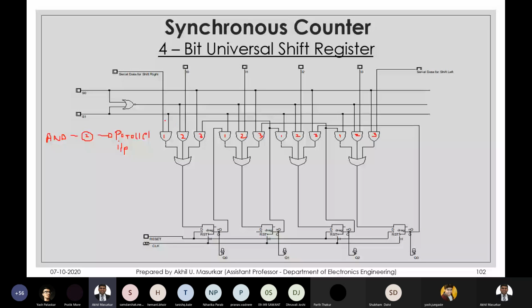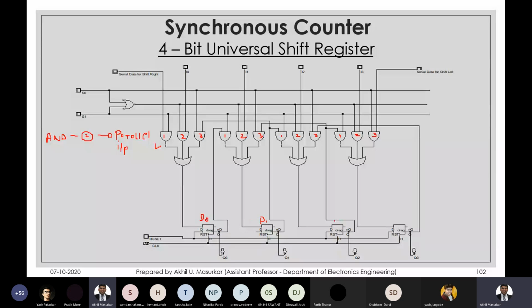You can see AND gate number 1. The first AND gate, if you see the flip-flop, this one, here you are giving your serial in data. If I enable this AND gate number 1, this data will flow to the OR gate and come to flip-flop D0.